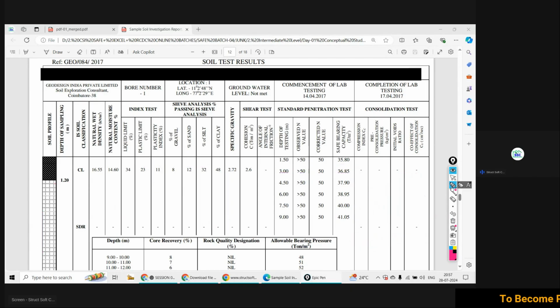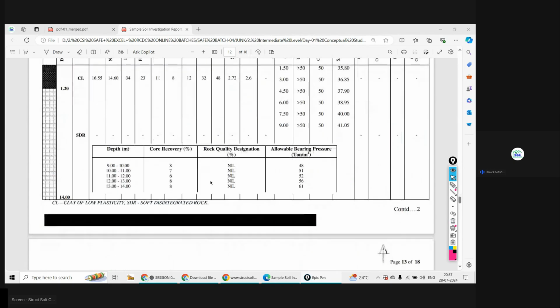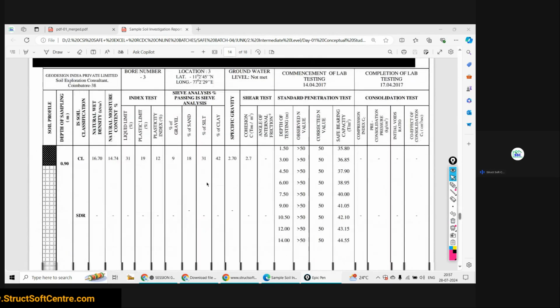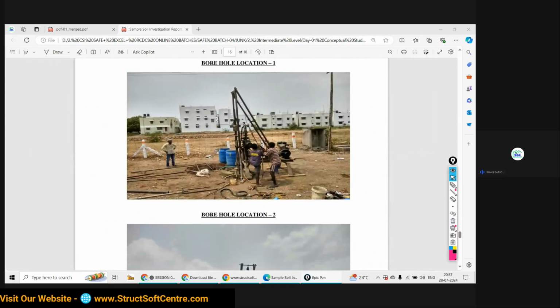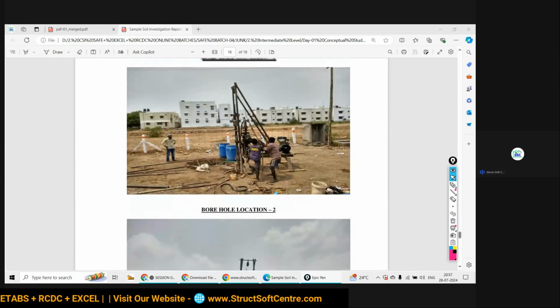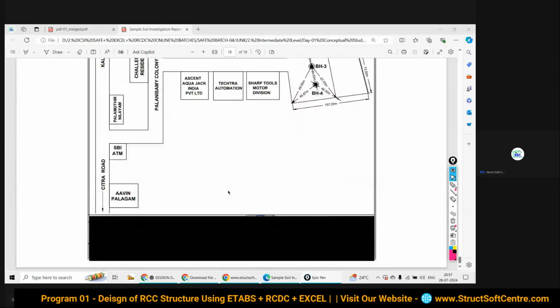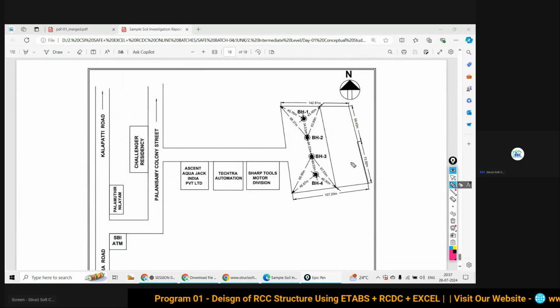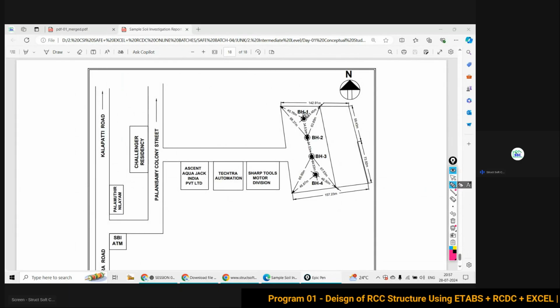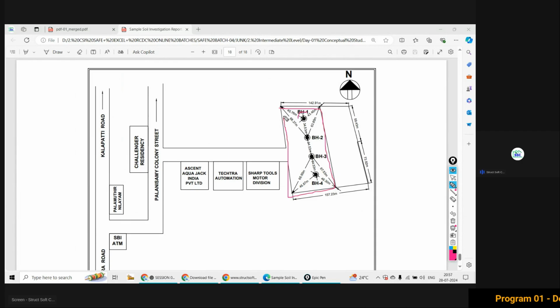In this way detailed reports are given here, so you can read them on your own in detail. Some pictures are added for the borehole, and they finally give the site location by plan, by the figure: this is the site, this is the building, the overall building outline where they are going to build their structure.